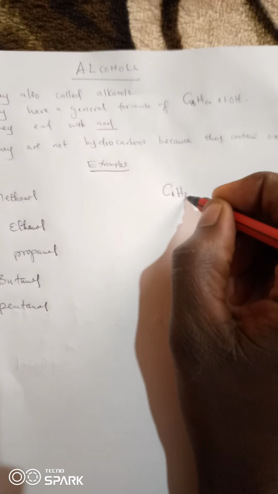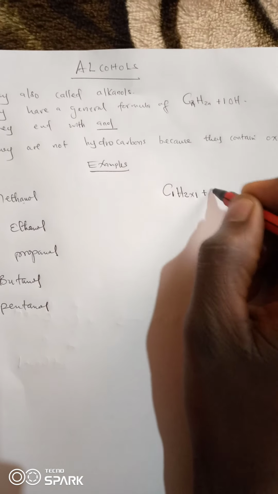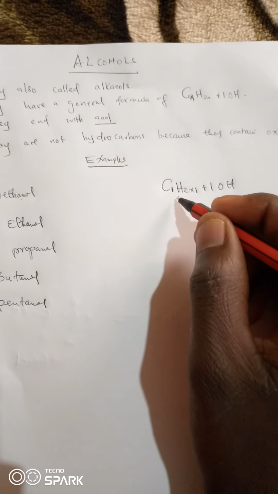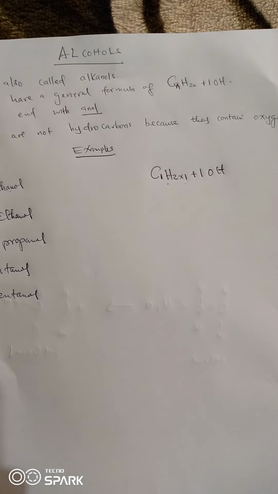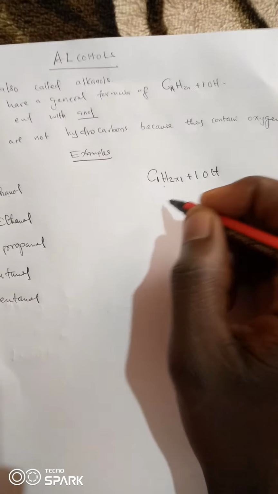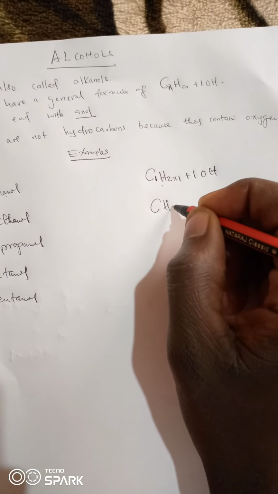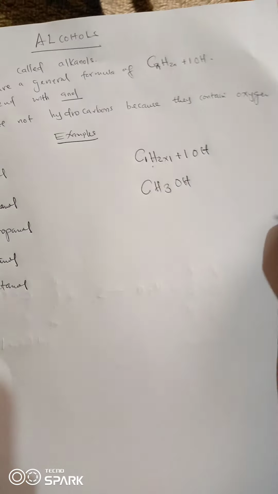So times 1 again plus 1, OH. I'm sure we understand where the 1 is coming from. We are writing the first alcohol with 1 carbon. So this will give us CH, then 2 plus 1 gives us 3, OH.